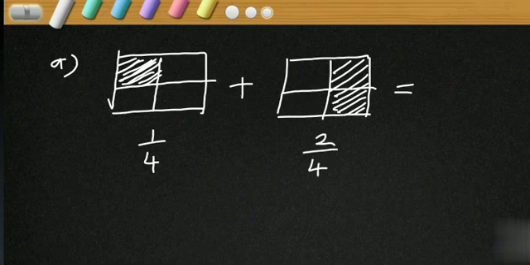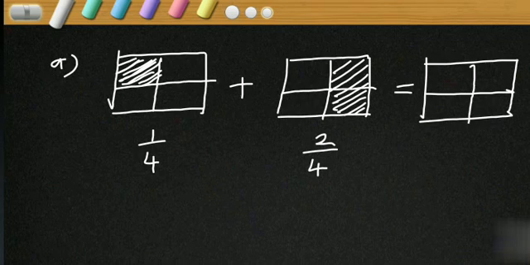So what would be the answer here? Let's try to draw the answer as a figure first, then we can write the corresponding fraction. How many boxes have to be shaded here? Who can say? Here one box is in the first figure, so this box has to be shaded, and in the second figure we have two boxes, so these two boxes have to be shaded.